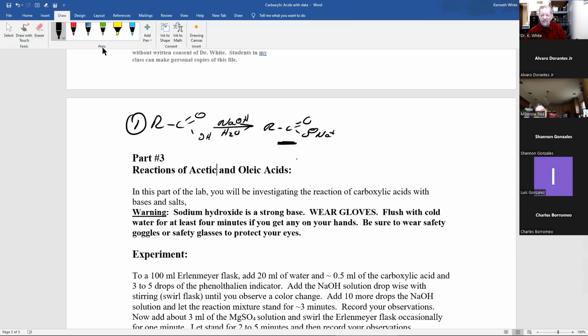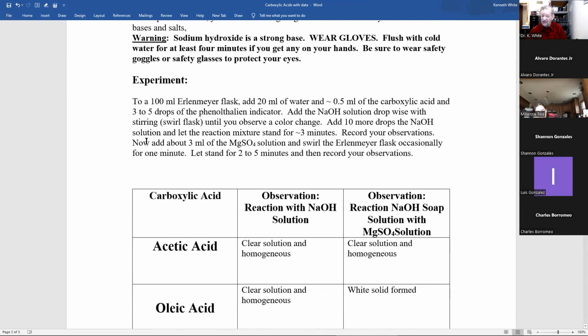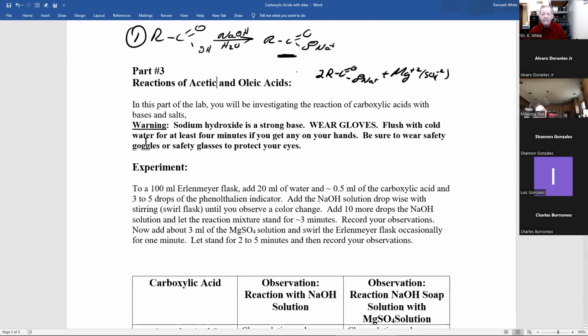If you take 2 of the carboxylate anions and react it with, and this we didn't talk about in class, magnesium sulfate, which is a magnesium +2, sulfate -2, right down there, MgSO4, you get an ion exchange.